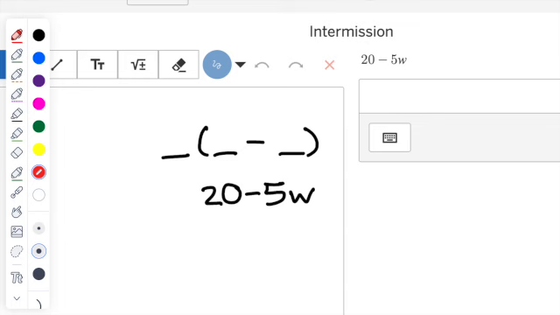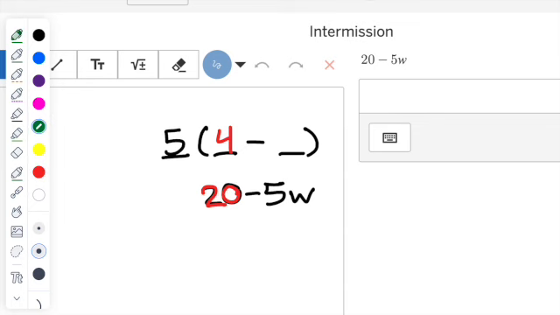So if I take this 20, how many 5s go into 20? Well, the 5 is going to go on the outside, because we're distributing the 5. 5 times what gives me 20? Well, 5 times 4 gives me 20.